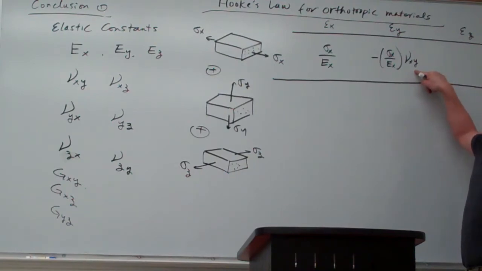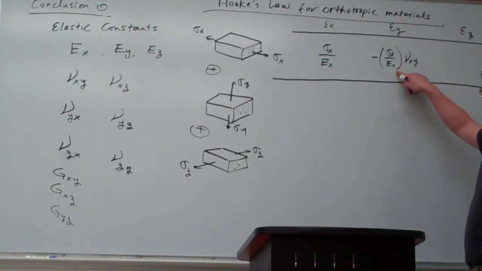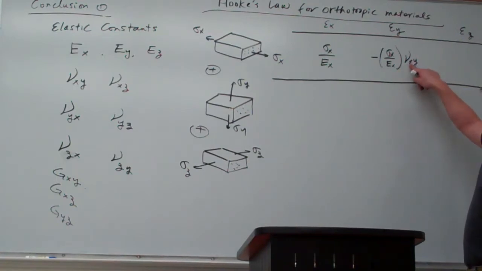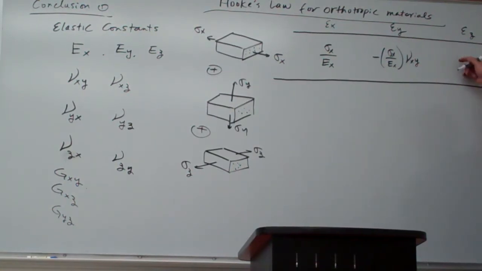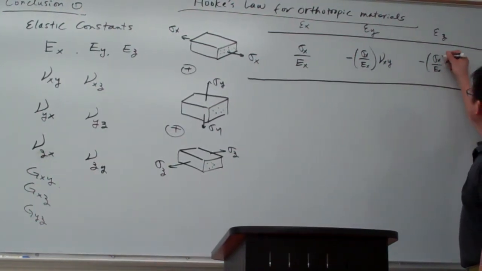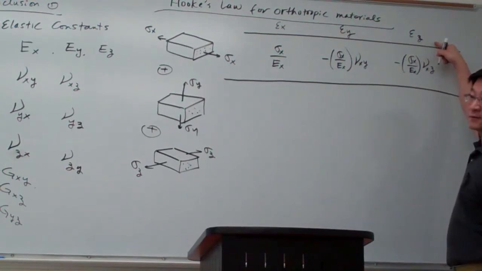The reading is like this. So don't be confused by the symbols. Let me say this again. This is the axial strain in the x direction. Axial strain in the x direction induces the y component. Okay? And now the same thing, the axial strain induces the z component.